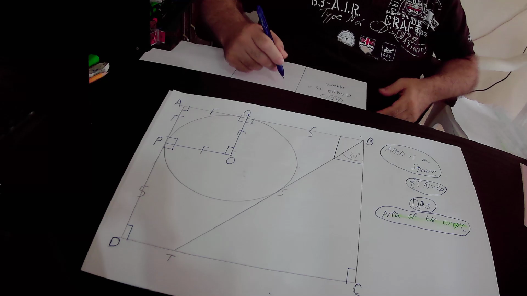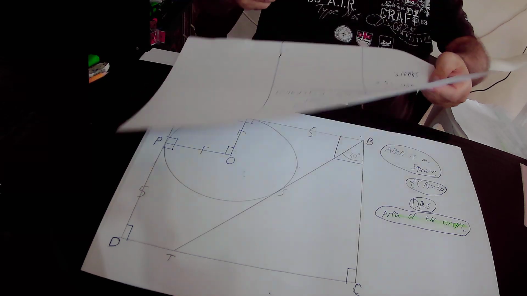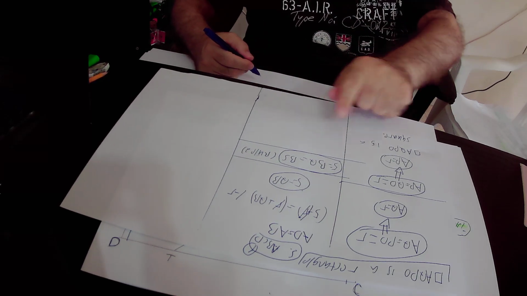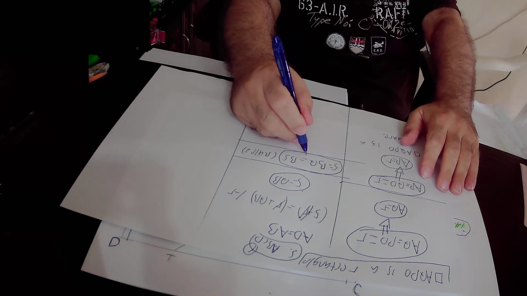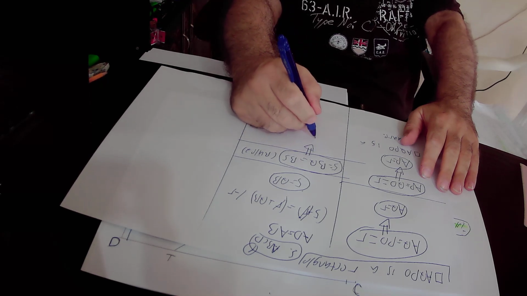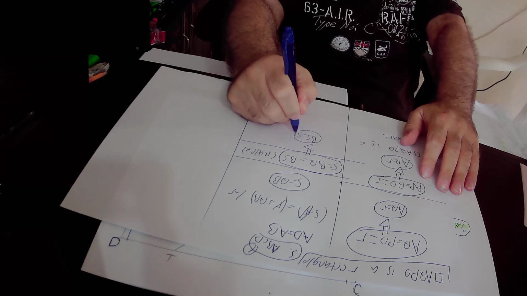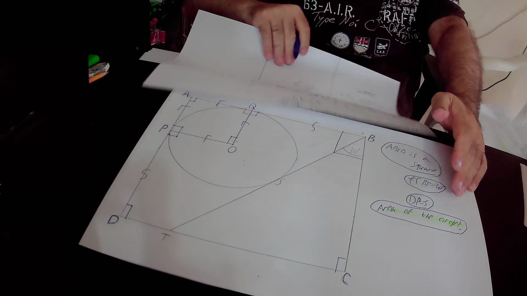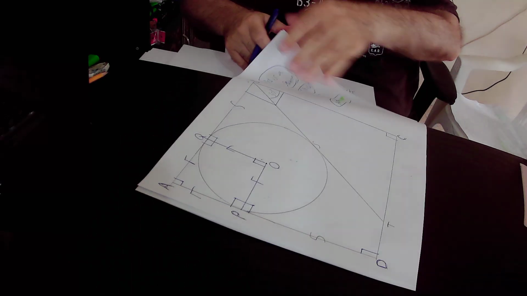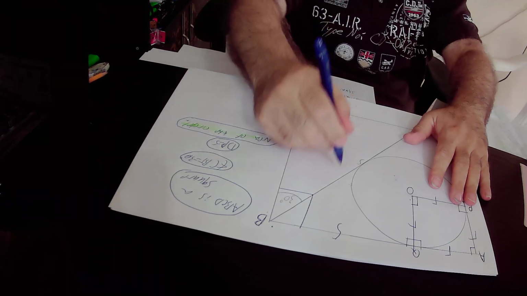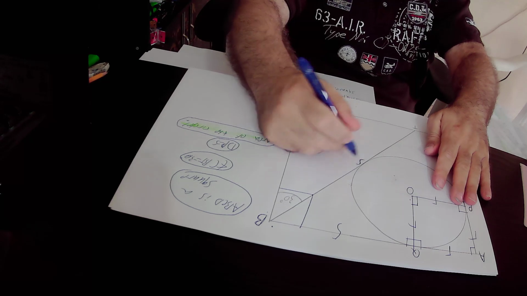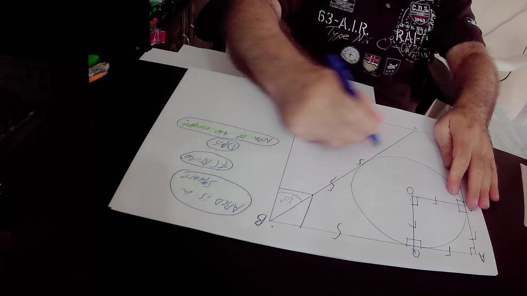And from this equation, 5 equals BQ equals BS, we derive that BS is also equal to 5. Here, BS equals 5 units.